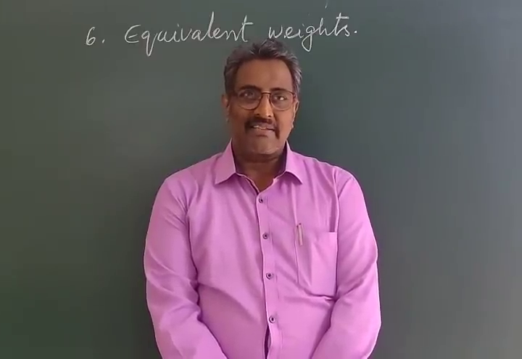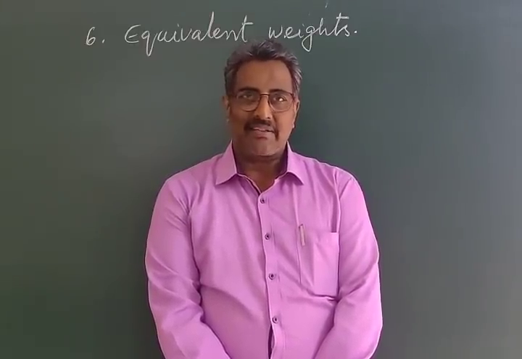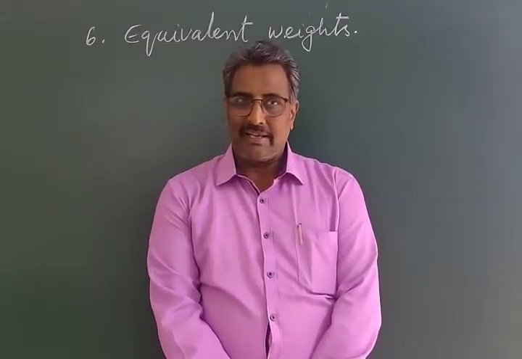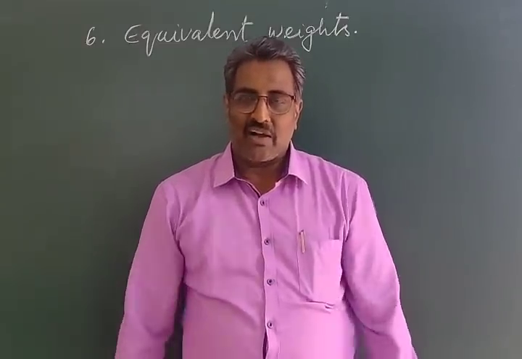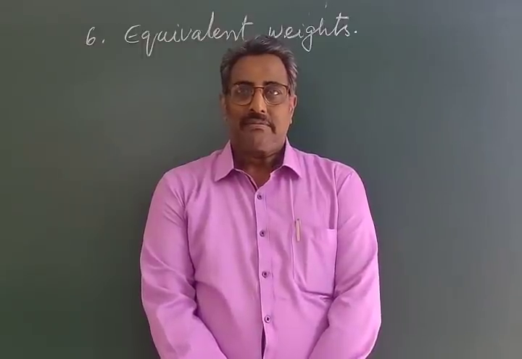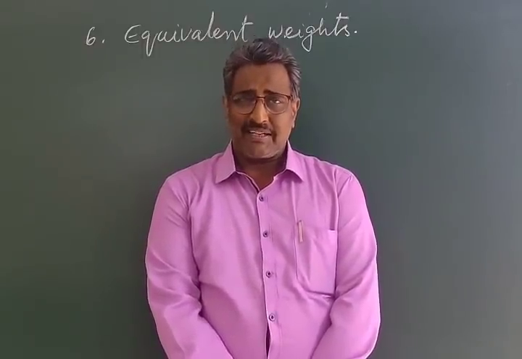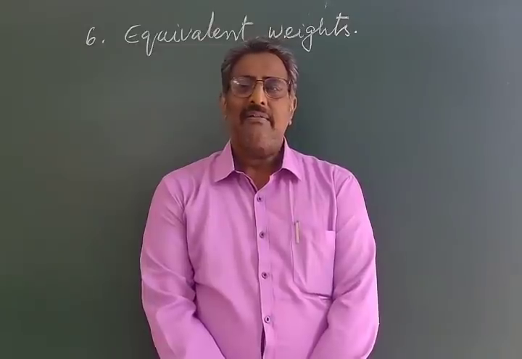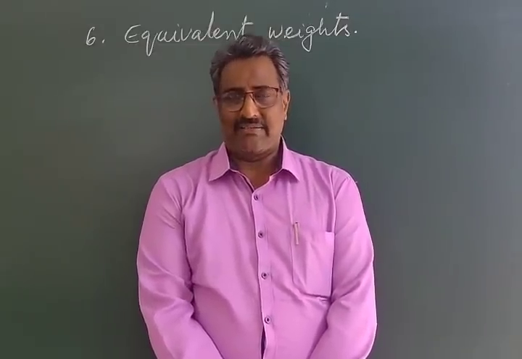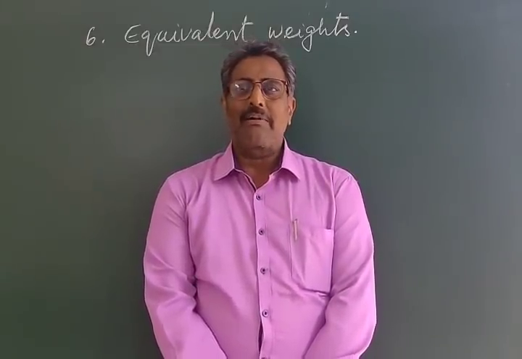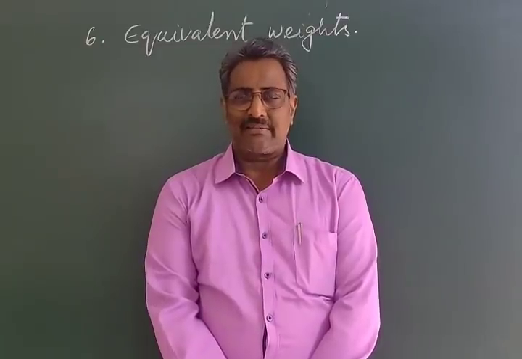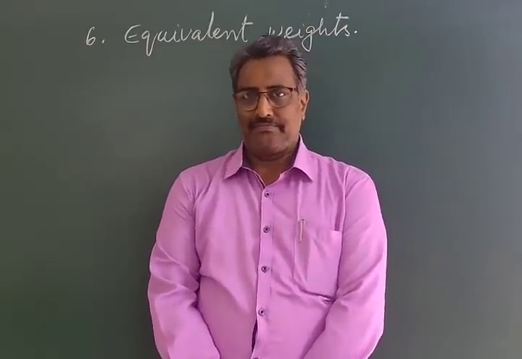Our great scientists found the atomic weights of all the elements discovered so far. If the atomic weight is expressed in grams, we call it gram atomic weight. 1 gram atomic weight of substance is known as gram atom.